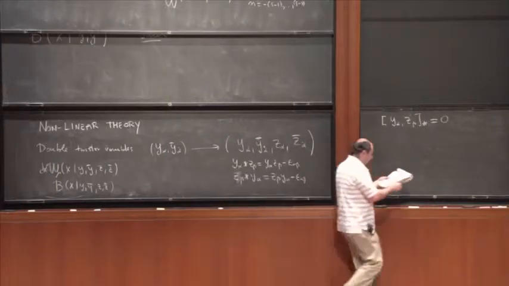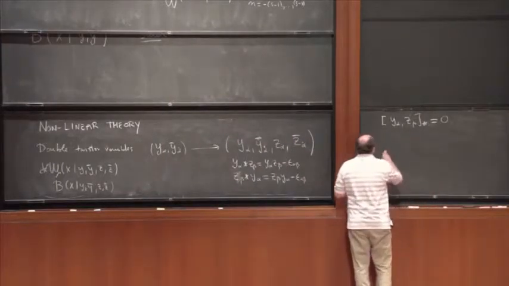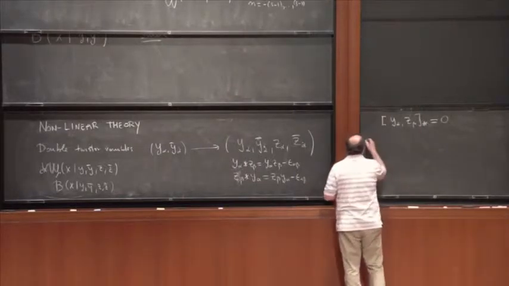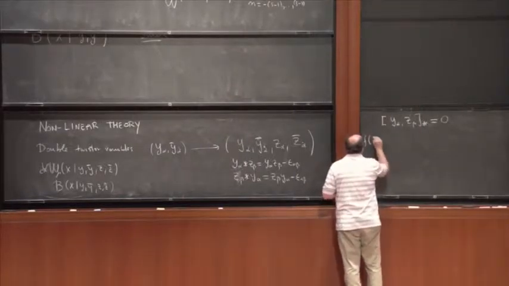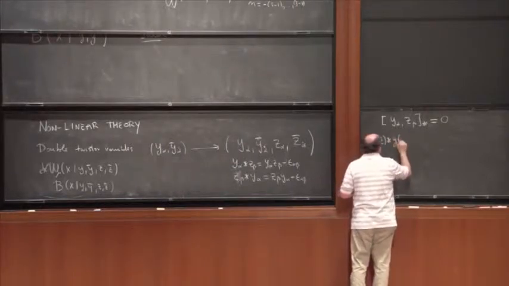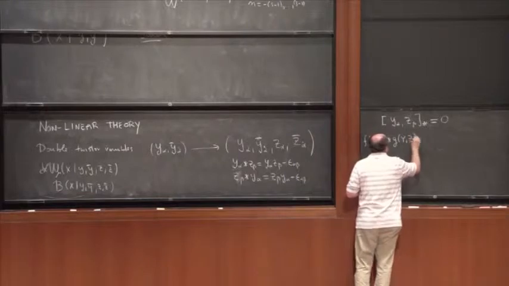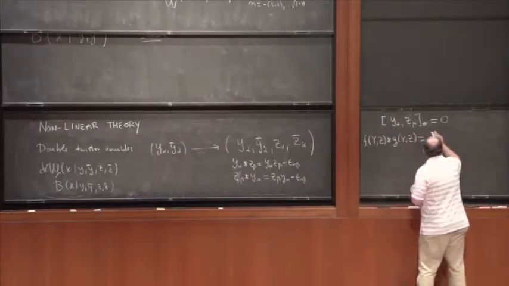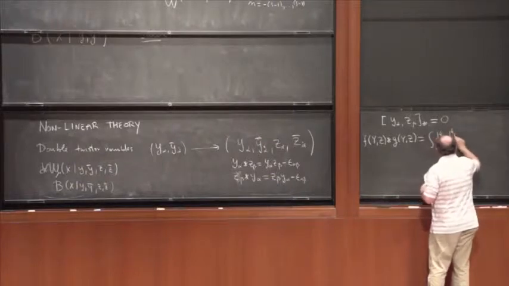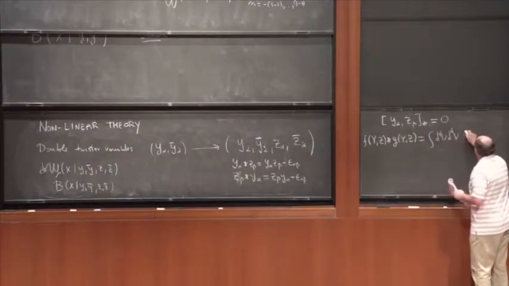So the full star product on general functions of y and z can be represented as an integral, generalizing the one I wrote last time just for the y space.